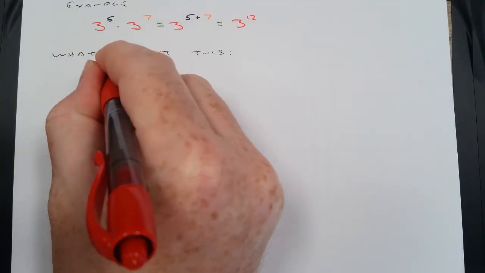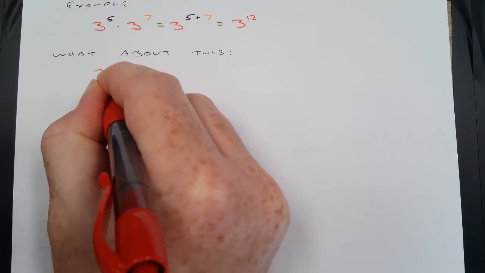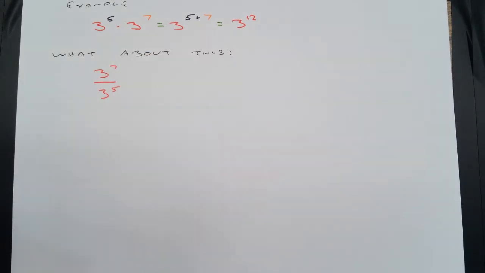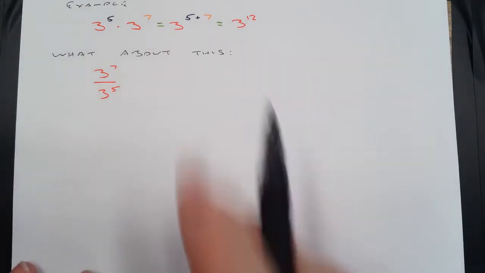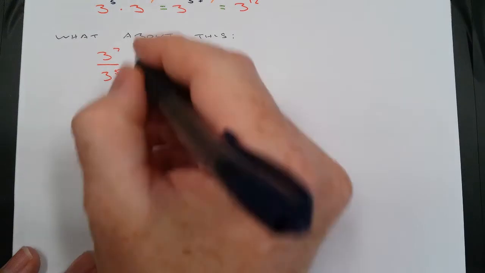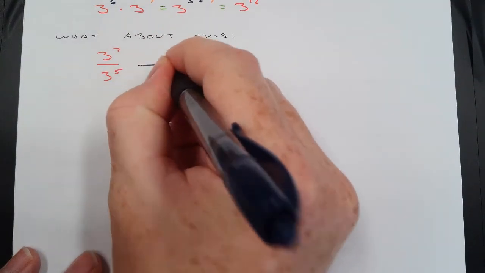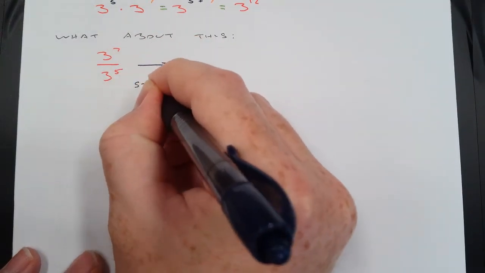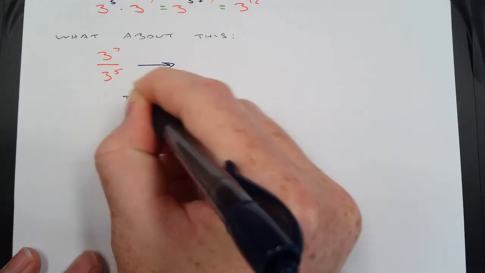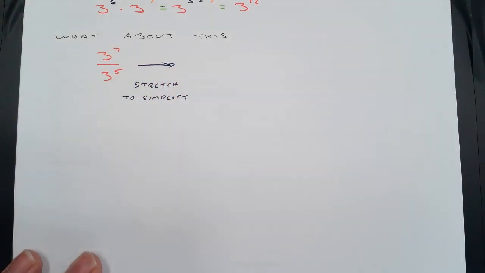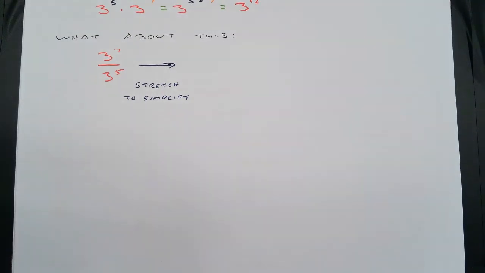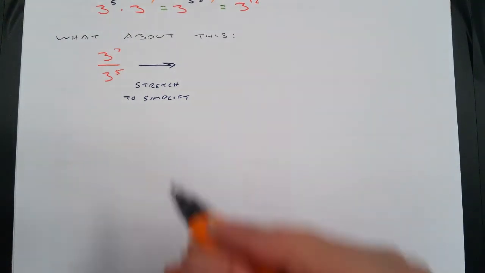What if it's 3 to the 7th divided by 3 to the 5th? Well, let me show you what we're going to do. Just like we did with multiplication, we are going to stretch it out to simplify it. I want to show you what it looks like without the exponents.